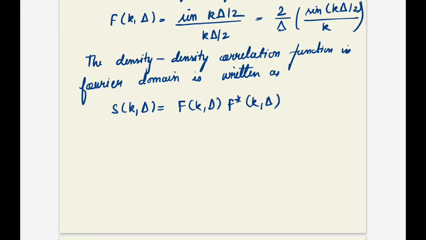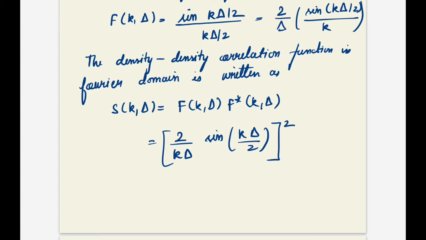Now what we get is 2 by k delta sine of k delta by 2. This becomes a square, since the complex conjugate of sine is the sine.